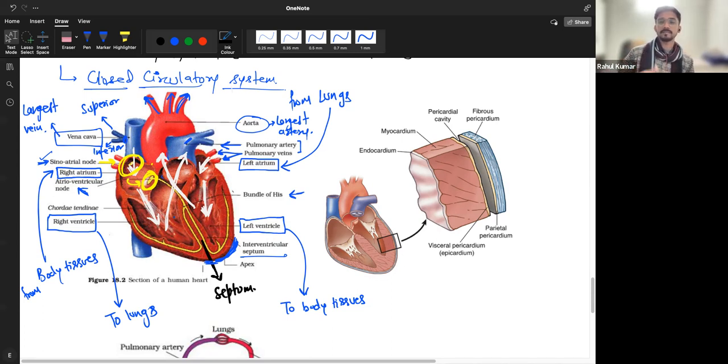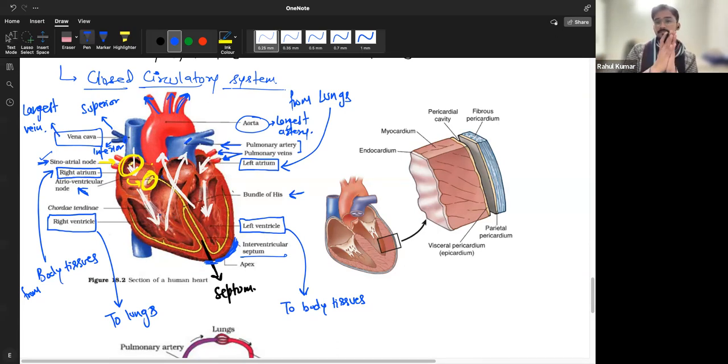In that condition, the fetus cannot survive, and oftentimes a stillbirth or a dead baby is born, or just after birth it dies in a few weeks if not treated. It's very difficult to treat those kinds of holes. So the intraseptal hole is less lethal and can be treated.